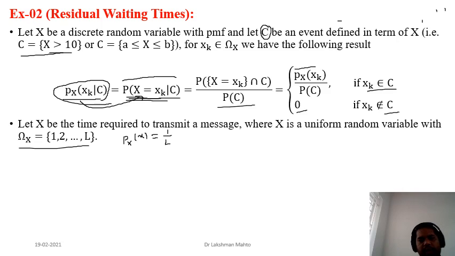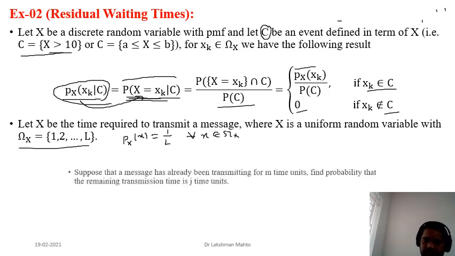That's why every value of the random variable has the same probability, equally likely, uniformly distributed. So the probability mass function of this random variable is given by 1 by L for each x belonging to the range of the random variable. This is the scenario of a uniform random variable.